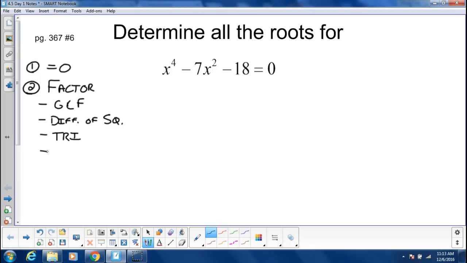Perfect square trinomials. Okay, what's the next way? That's 4 of the 6. Grouping is next.